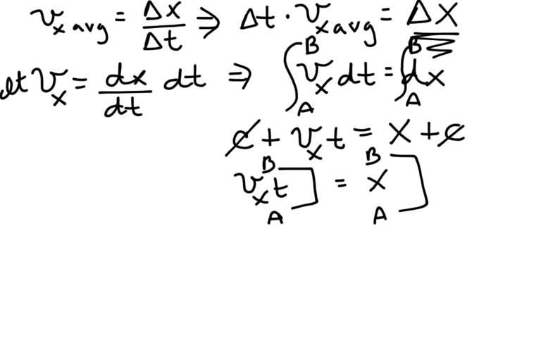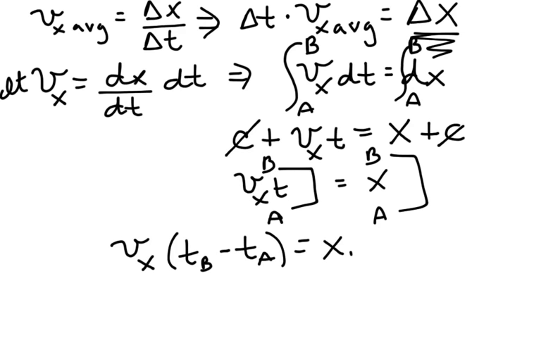What I'm simply going to do is plug in, on the left side of the equation, the v sub x stays there, and I'll plug in the time at B minus the time at A, and that will be equal to the position at B minus the position at A. So the right side of my equation is my displacement, or the area under the curve between points A and B. And on the left side of the equation, we can plug in our values for time.